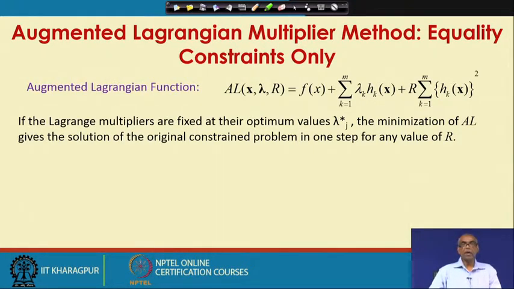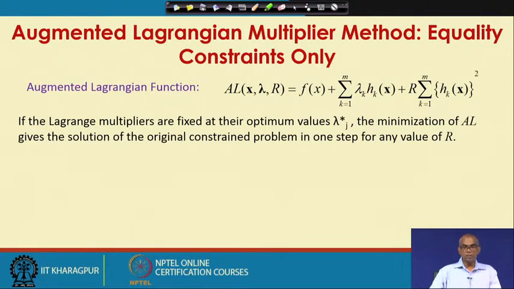So, this augmented Lagrangian function needs to be solved, and the solution to this augmented Lagrangian function will lead to the solution of the original constrained nonlinear programming problem.